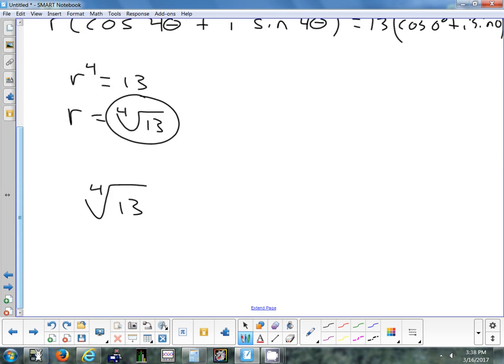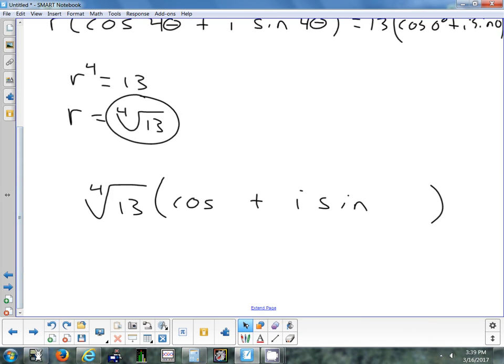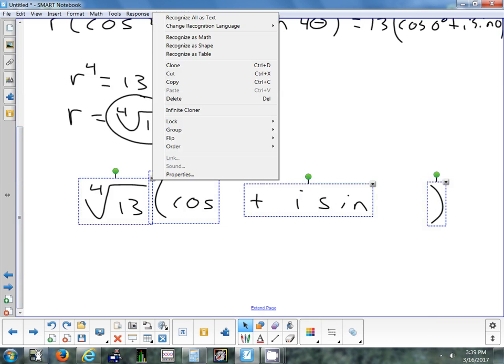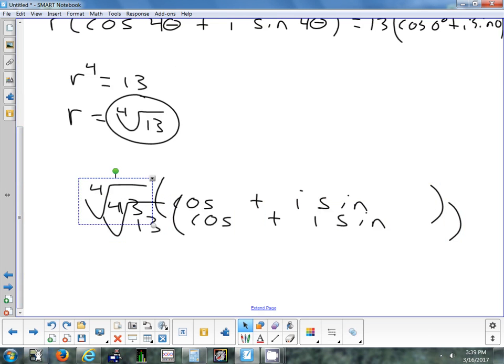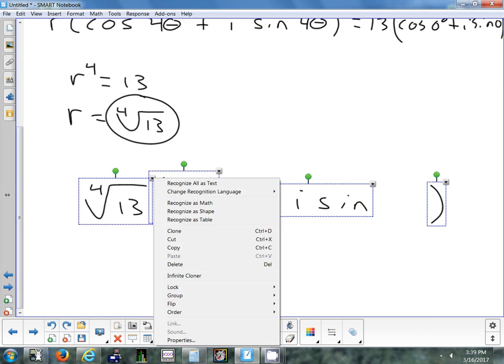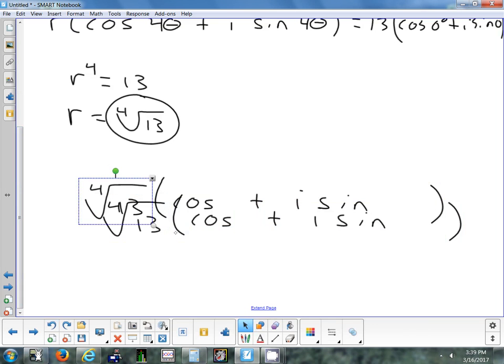So we're going to have fourth root of 13 cosine plus i sine, and you're just going to have that 4 times. I'll copy and paste it. Might be quicker to just rewrite it.